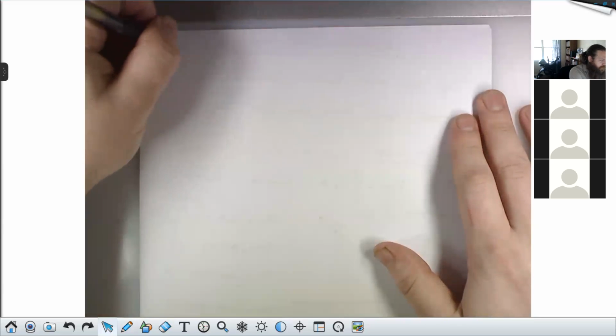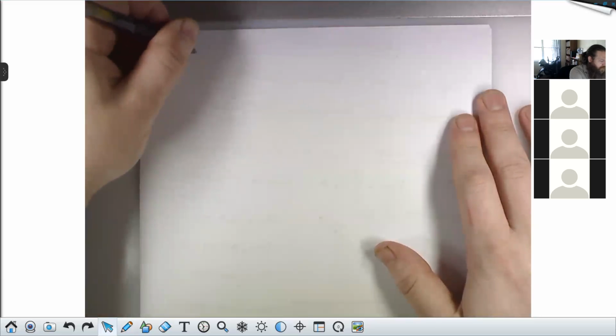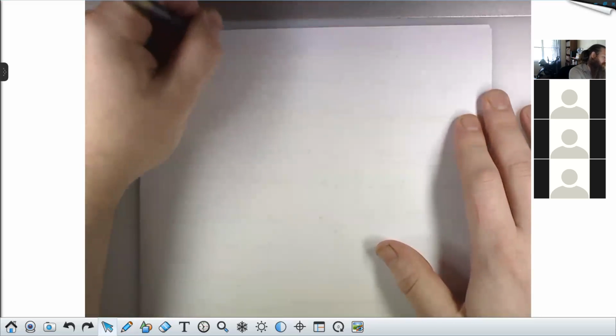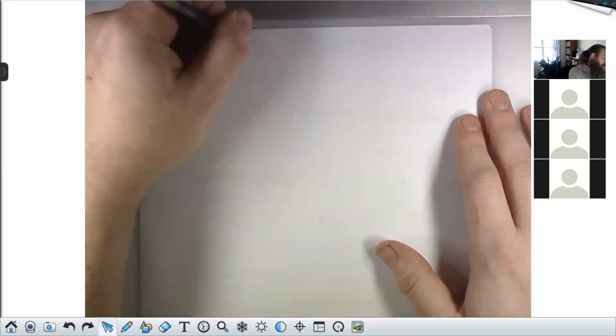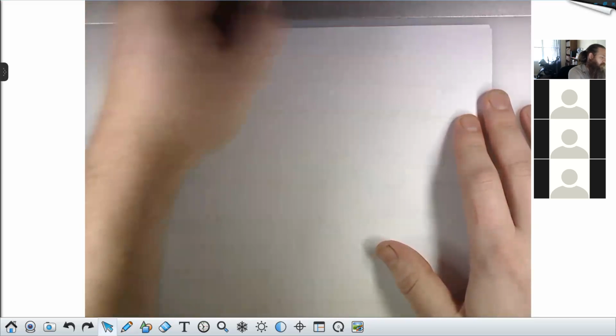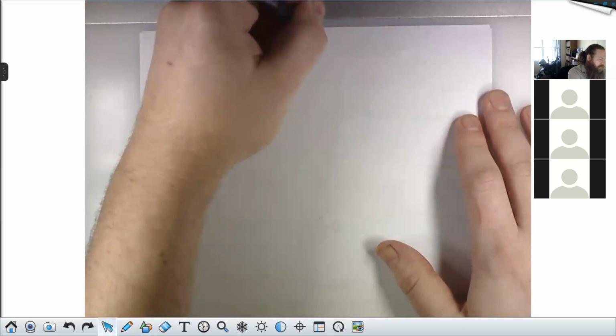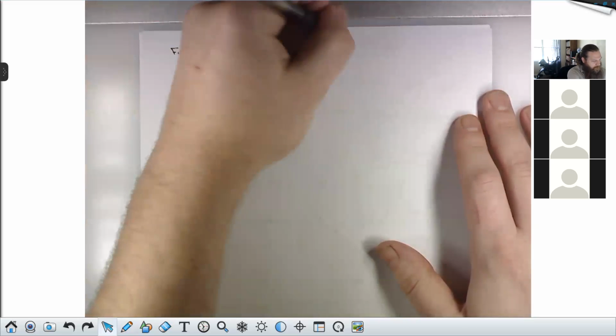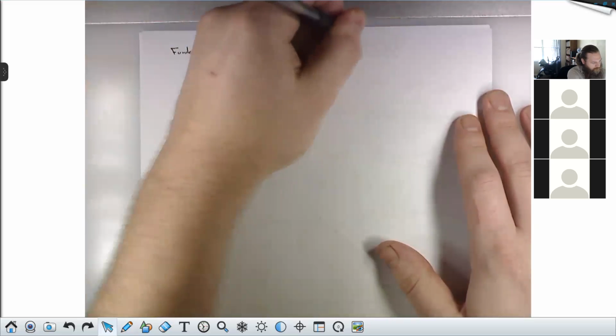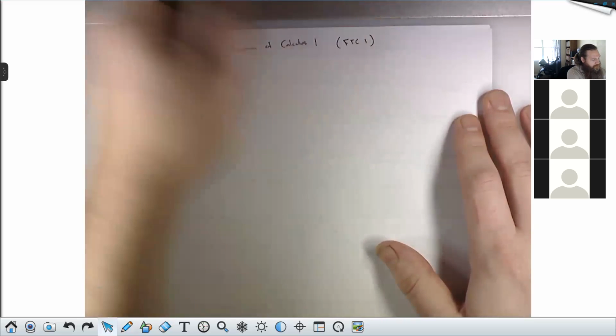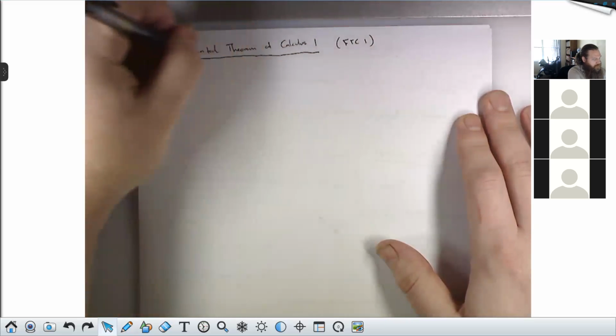So let me now show you the theorem. This is the first part of the fundamental theorem of calculus. We call it FTC1, or fundamental theorem of calculus 1, aka FTC1.